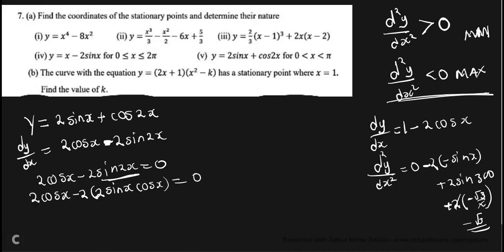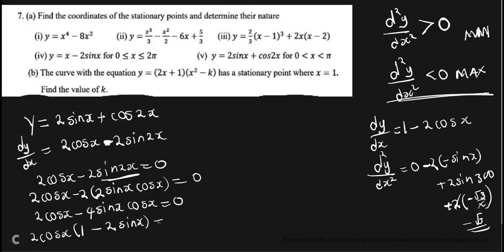From there, what you do is say 2 cos x minus 4 sine x cos x equals 0. Then what's common? The common factor is 2 cos x. So it is 2 cos x times (1 minus 2 sine x) equal to 0.